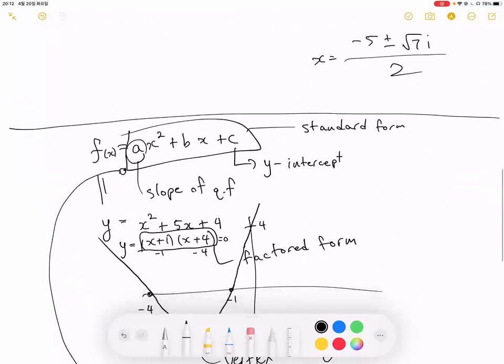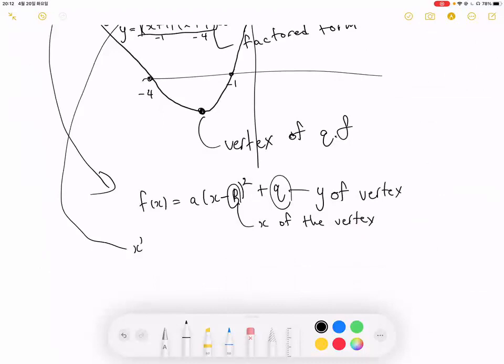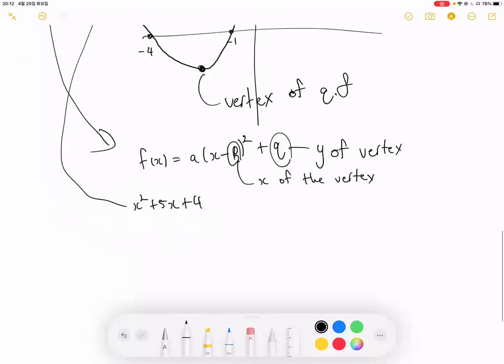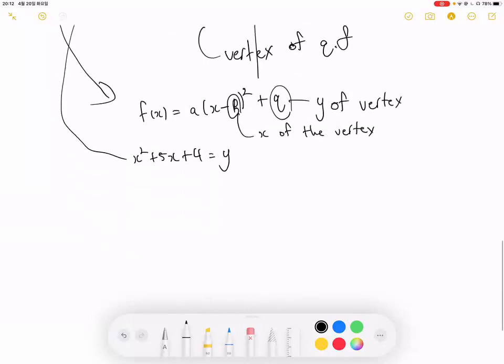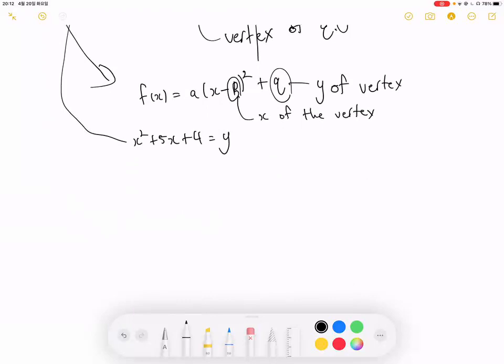All right, so let's use the same example over and over again: x squared plus 5x plus 4 equals y. Let's change that to the vertex form. How would you do this? I would personally do it like this.